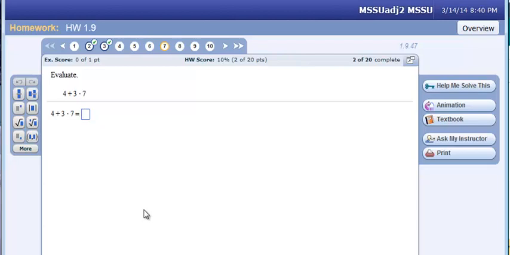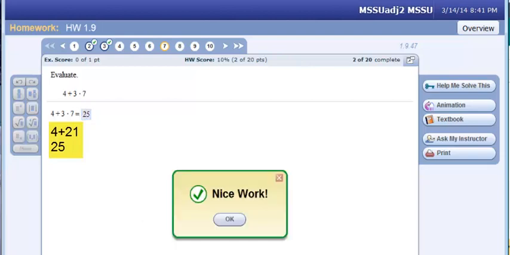So let's go on to M, which is multiplication. Do we have any multiplication in this problem? Yes, we do. We have the 3 times 7. So that will give us 21. So now we have 4 plus 21. And that will give us 25. And that's our answer.